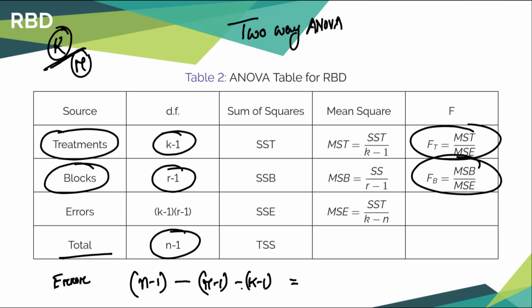Now this will give you N minus 1 minus R plus 1 minus K plus 1. The minus 1 and plus 1 get cancelled, so N minus R minus K plus 1. If you simplify this, you can write it as (K minus 1)(R minus 1).